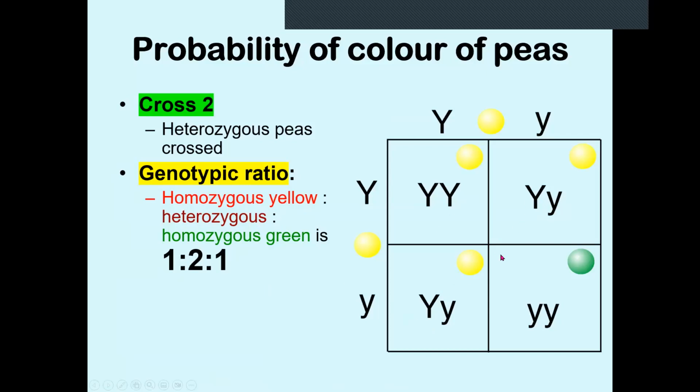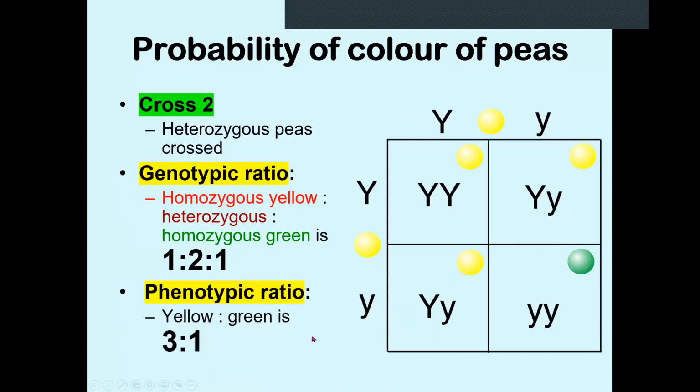If you come across these words anywhere, the genotypic is the genes. The phenotype is what they look like. In this case, it's the color. So it's 3 yellow to 1 green.